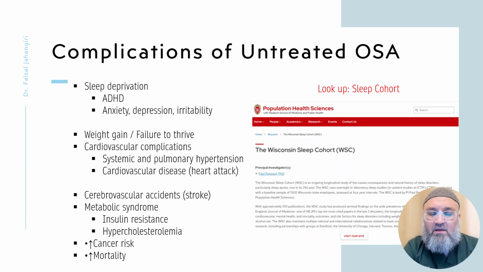It can also result in cerebrovascular accident, which is stroke. It can result in metabolic syndrome, insulin resistance, and hypercholesterolemia, because hormone levels are not regulated well. It also results in higher cancer risk and increased mortality. So these are the different studies which are done, and these are the different complications that can happen.